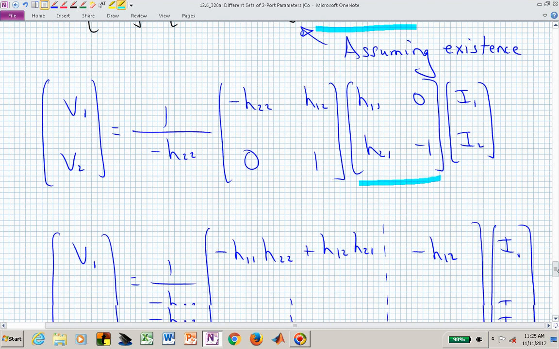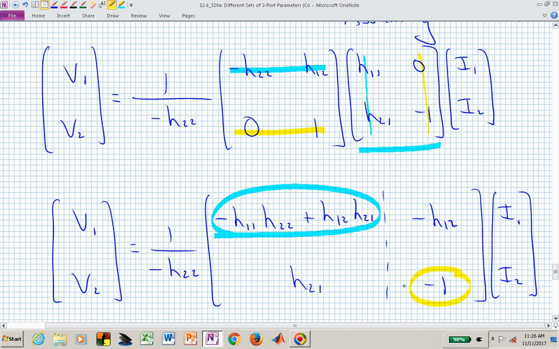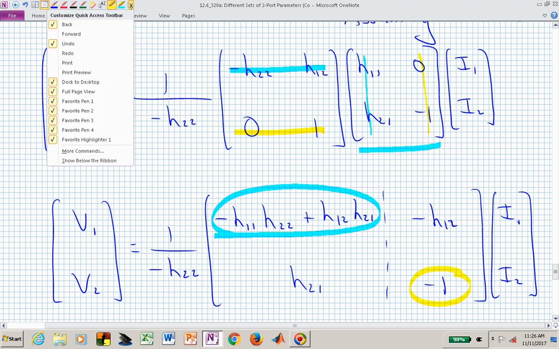But now in forming that matrix product and leaving the 1 over minus H22 outside so we're not complicating too much, we have this times that to give us this. We also have this times that, second row, second column, to give us this. And we also have the off diagonal.